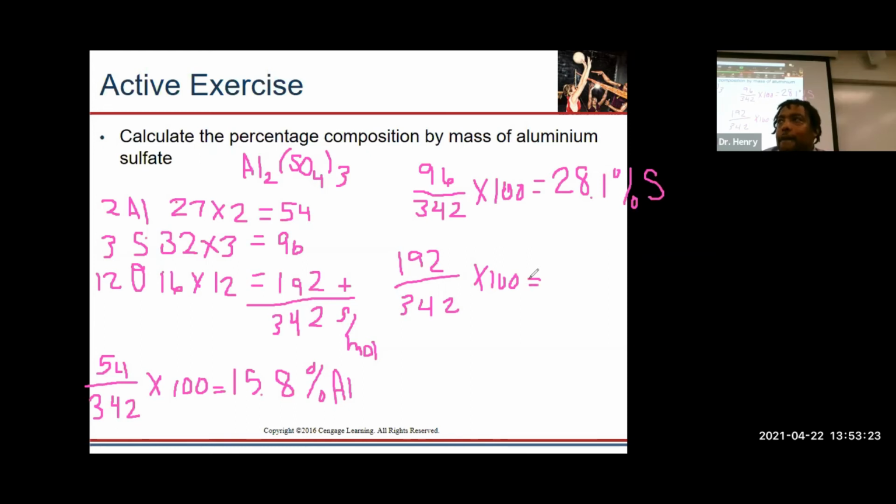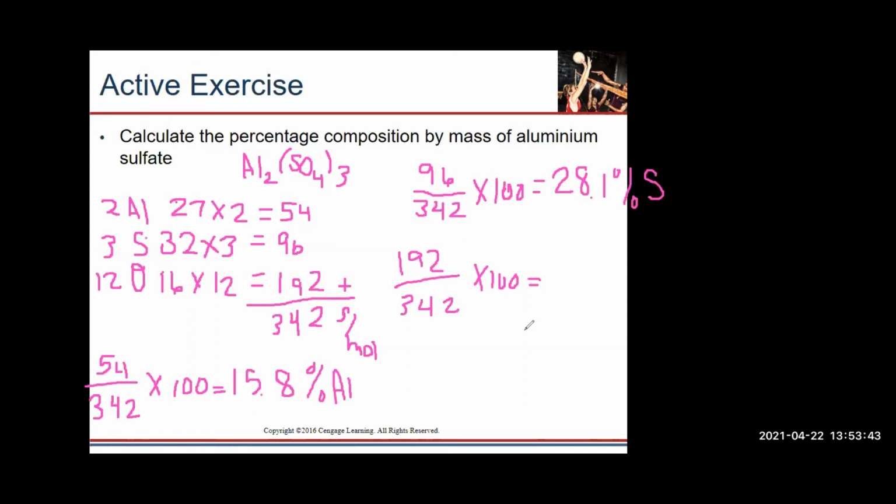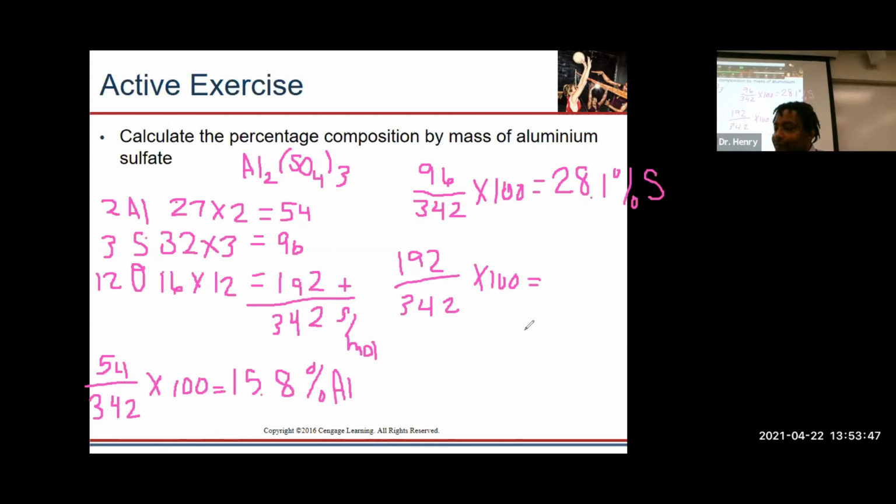That's the other way of doing it. You add them up together and subtract it from 100.